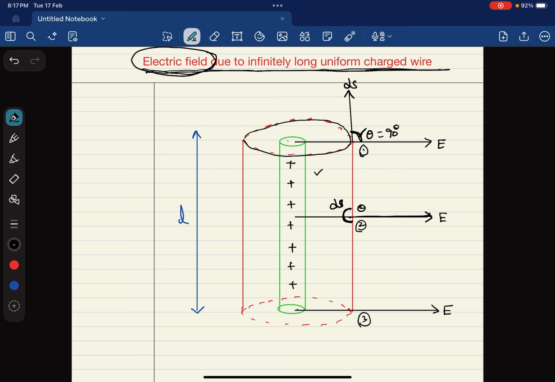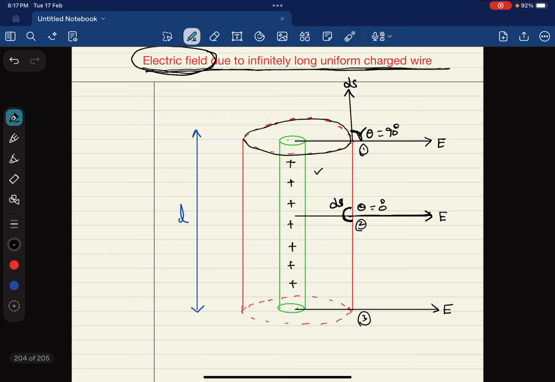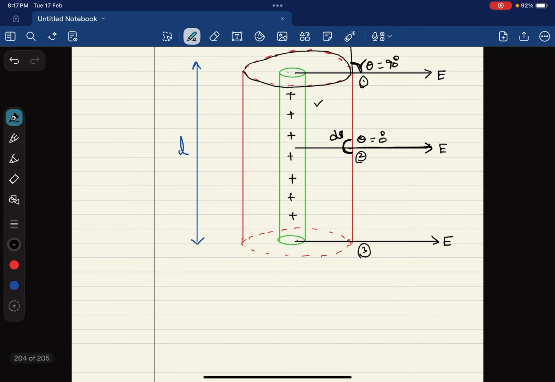So theta is equal to 0 degrees. Now for the bottom region, the electric field is radially outward along the horizontal direction, but if I increase the length of the wire, the surface area goes downward. That means ds acts in the downward direction. So theta here is also equal to 90 degrees.